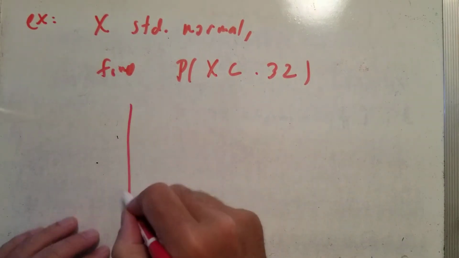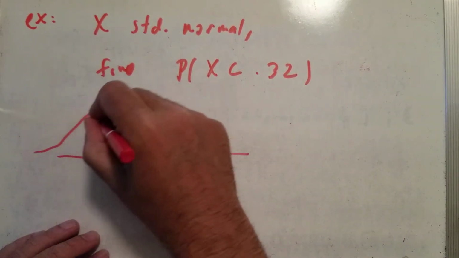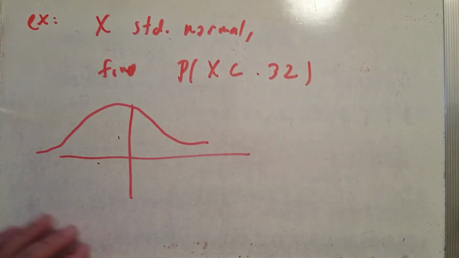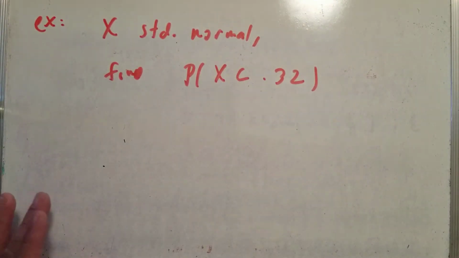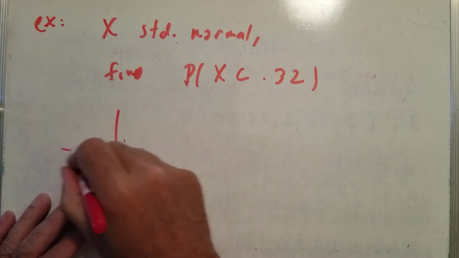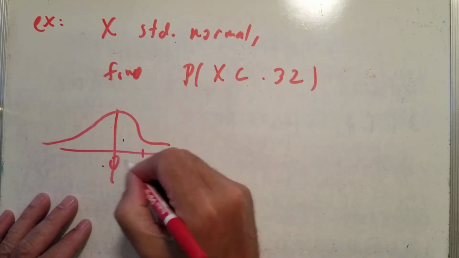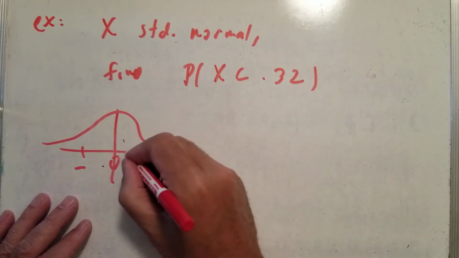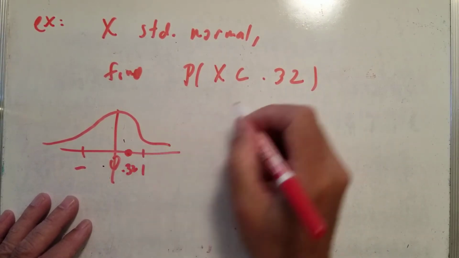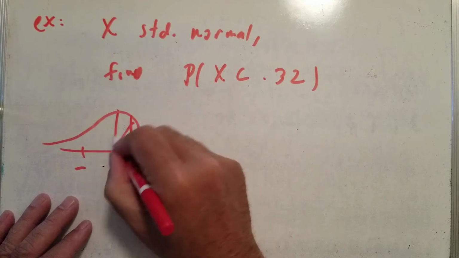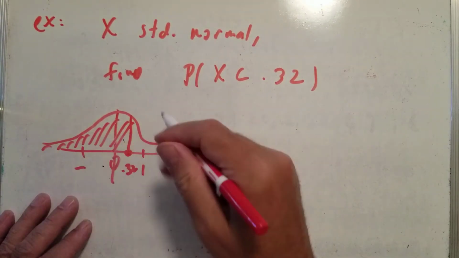So here's the picture. Here's the standard normal curve. Here's 0, 1, -1. 0.32 is, say, about there. So less than 0.32 means we're doing that shaded area.